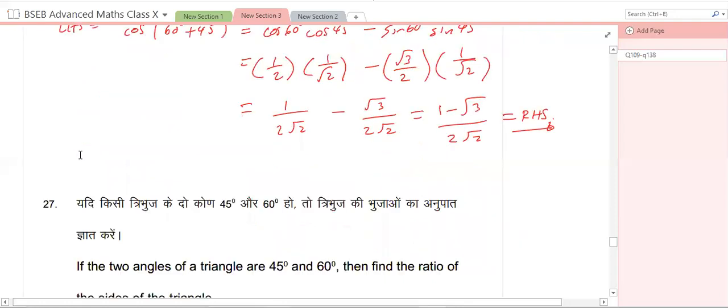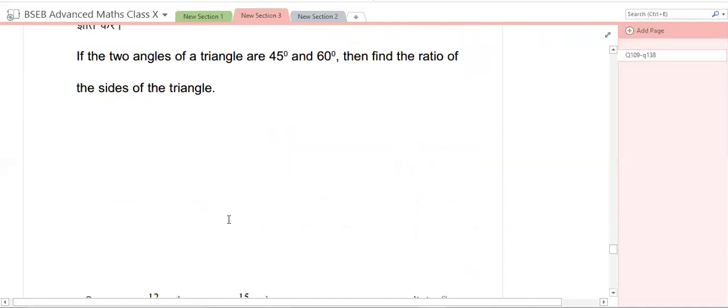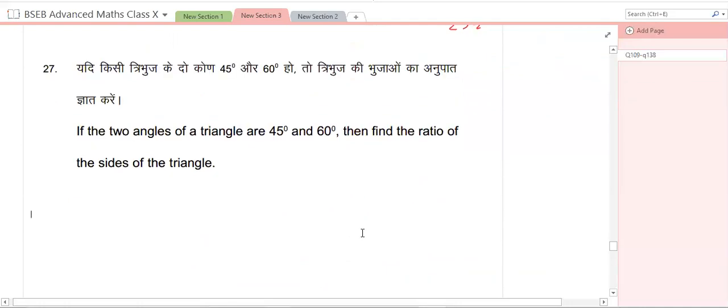Question number 27. Good question here. If the two angles of a triangle are 45 degrees and 60 degrees, then find the ratio of the sides of the triangle. So if you draw a triangle here, I've got A, B, C. I've got triangle ABC.